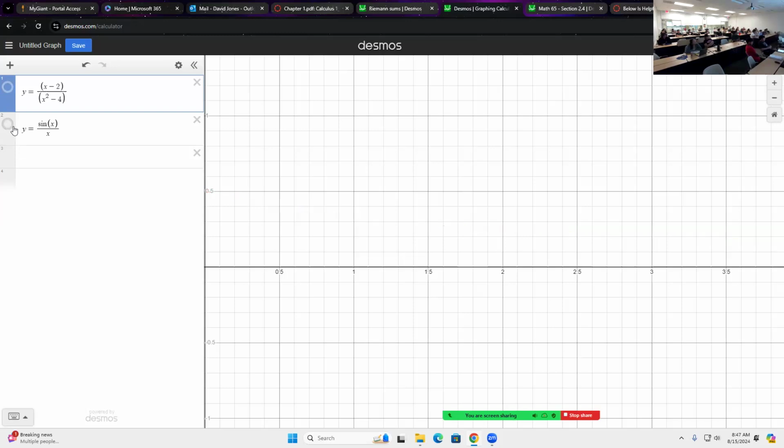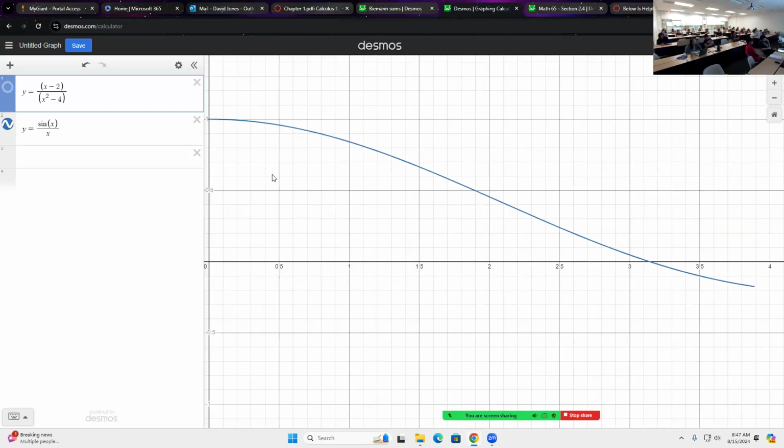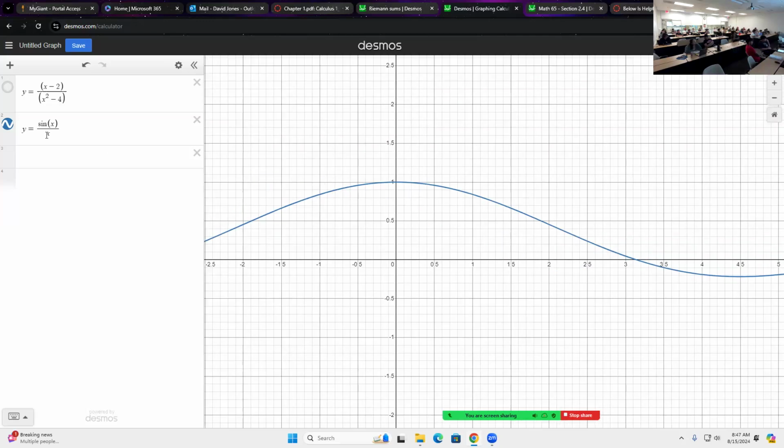Same thing with sine x over x as x approaches 0. This denominator is 0, so it's undefined at 0. But as we were coming from the left, you had -1 and you said 0.841. We did -0.5 and you got 0.959. As we get closer and closer, it's approaching 1, even though the value is not 1 at 0.